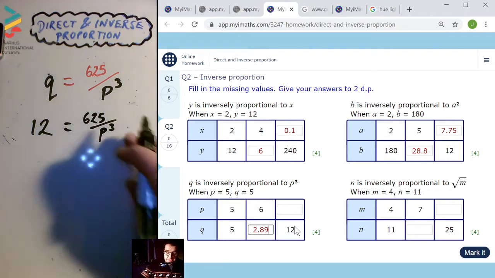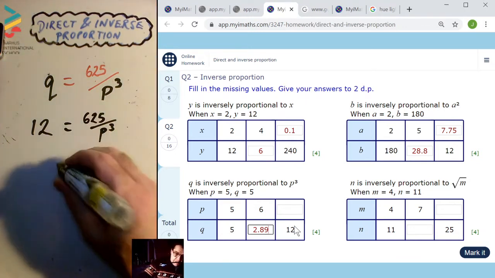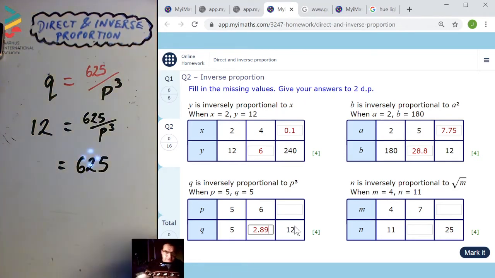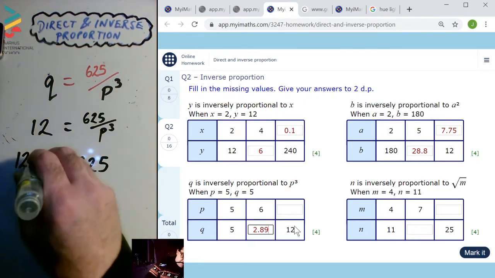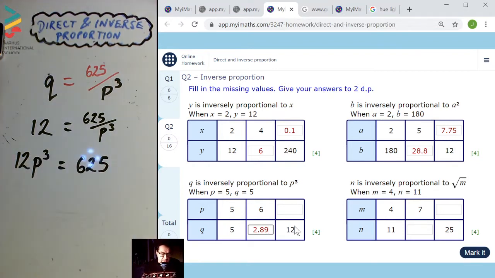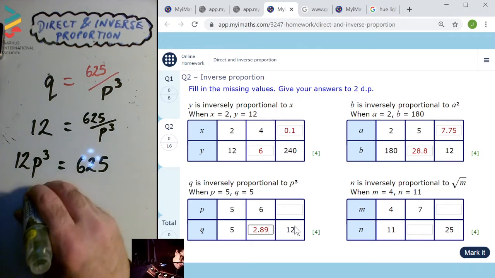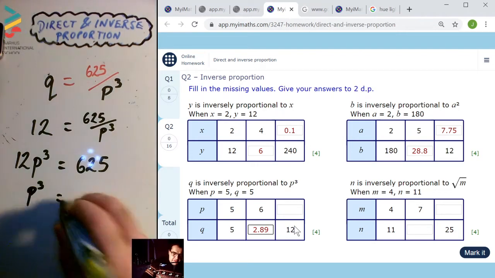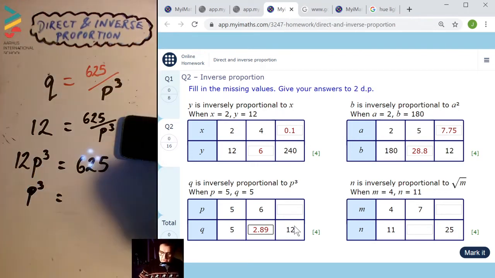So I'm going to get rid of the fraction by multiplying by p cubed. So I'll have just a whole 625 on the right, but on the left I'll have, instead of 12, 12p cubed, because I've multiplied both sides by p cubed. I'd like to get the p cubed bit on its own, so I'm going to divide by 12. So I need to divide the other side by 12.